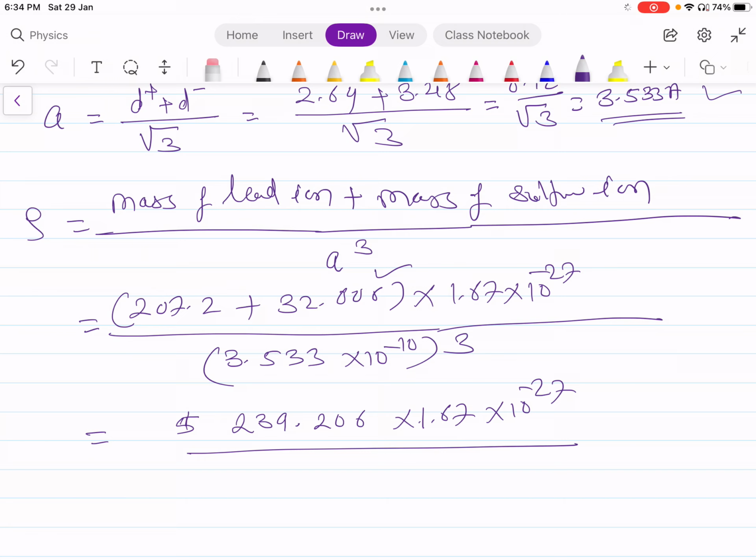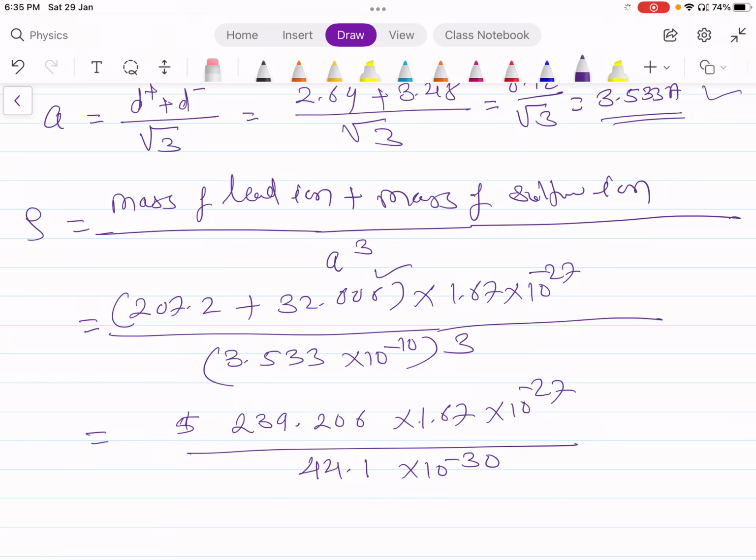So 3.533 cube is equal to 44.1 into 10 to the power minus 30.